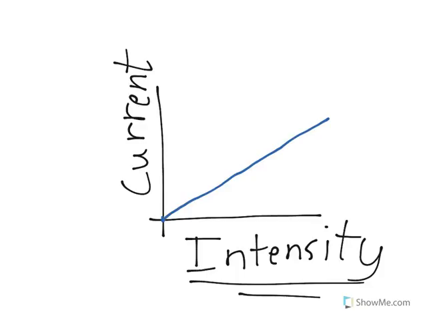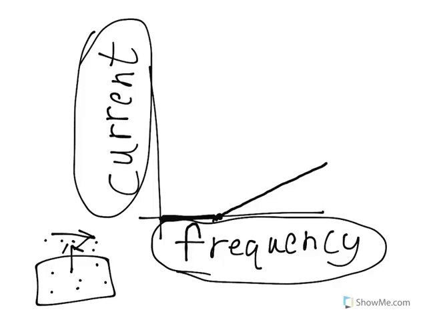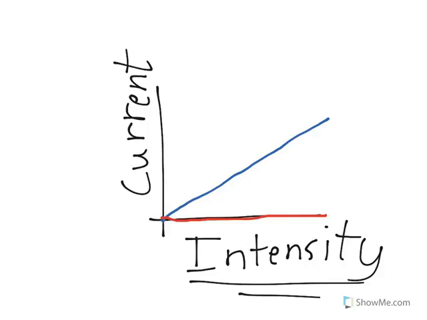You're increasing the energy, it goes up. But the weird part is, say they shone red light on this, what they saw was just a flat line. No current at all. Now I'm going to discuss the physics of how from these two graphs you can conclude that light must come in individual little chunks called photons, which is exactly what Einstein did.